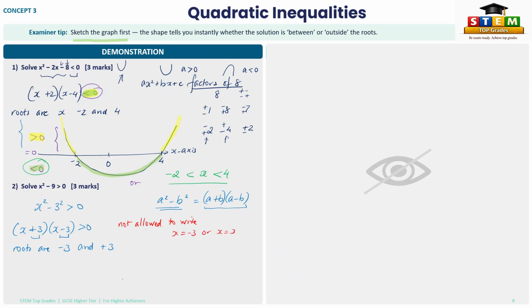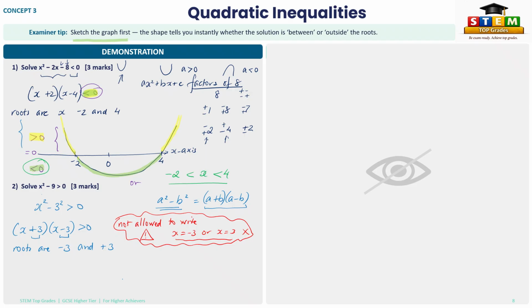This is a danger zone because many people lose marks. People write an equal sign as well as an inequality sign, and the examiners are not going to look for the right one for you and ignore the wrong one. So be careful about this, and never think about writing this in there.